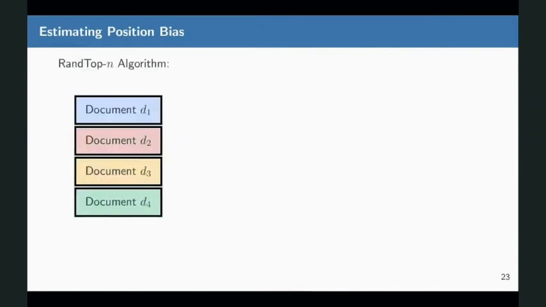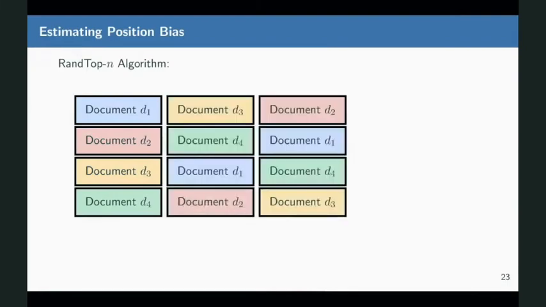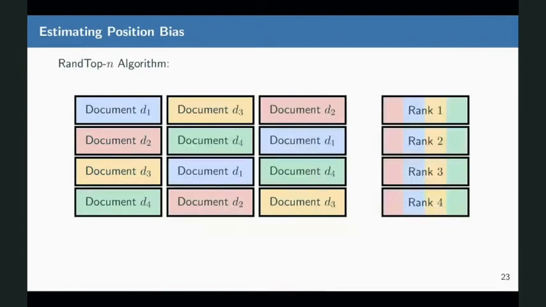This is the most simple algorithm, which is random top n, where you just take your top n, in this case we have top 4, and you shuffle it. So you show, for instance, this ranking, you show another random ranking, etc. You show a lot of these shuffled rankings. And what happens is that at every rank, all of these documents are equally likely to have been displayed.